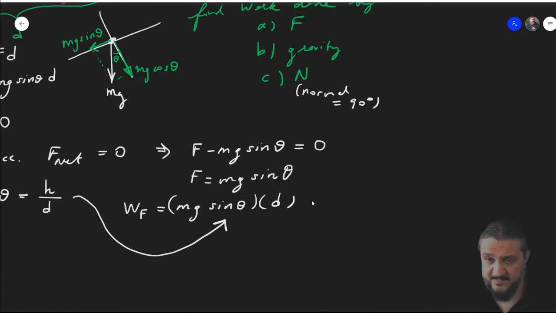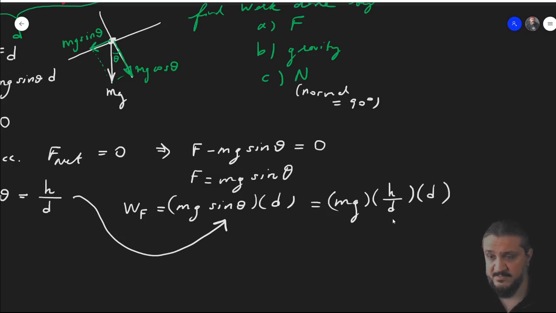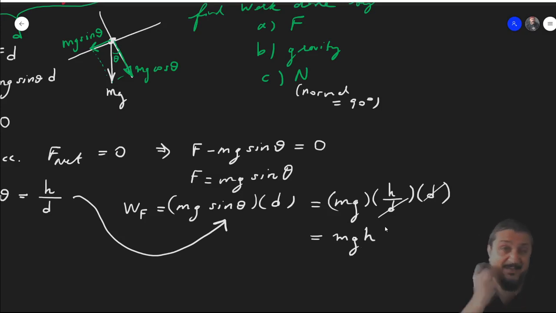So you will have mg times sine theta, which is h over d, times d. So what happens? d goes away. So no matter how long the board is, the work you do is mgh, turns out. It's independent of the length.